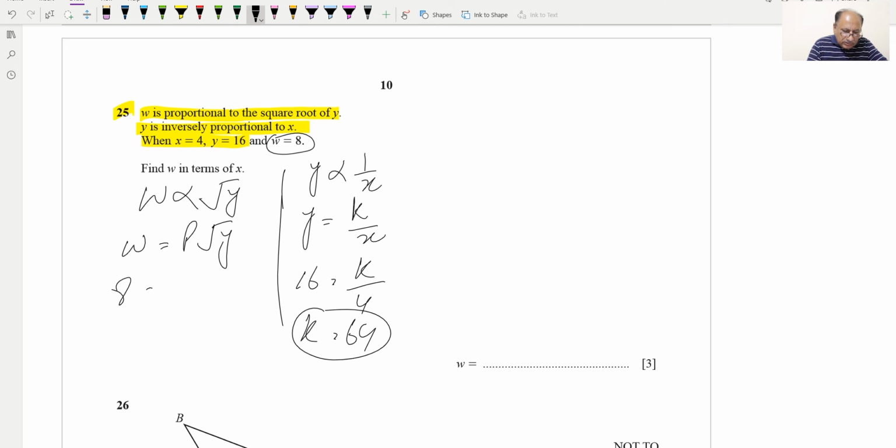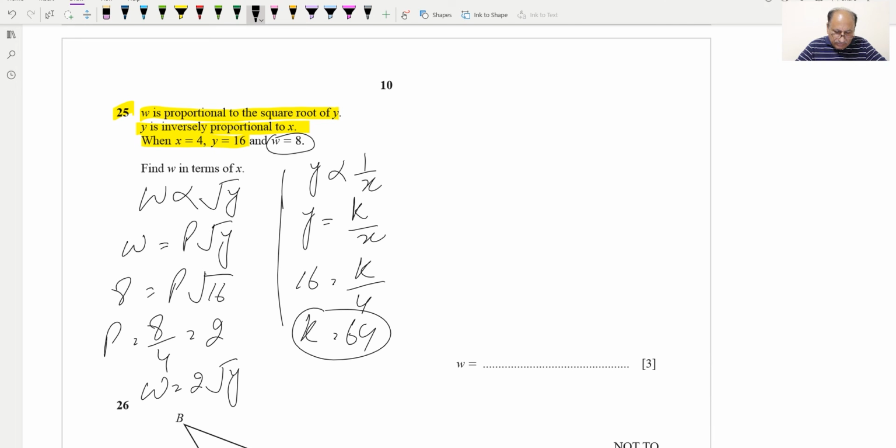So 8 is equal to P into root 16, and root 16 is 4. So P will be equal to 8 by 4, which is equal to 2. So we got P value as 2. So we can write W is equal to 2 under root of y.